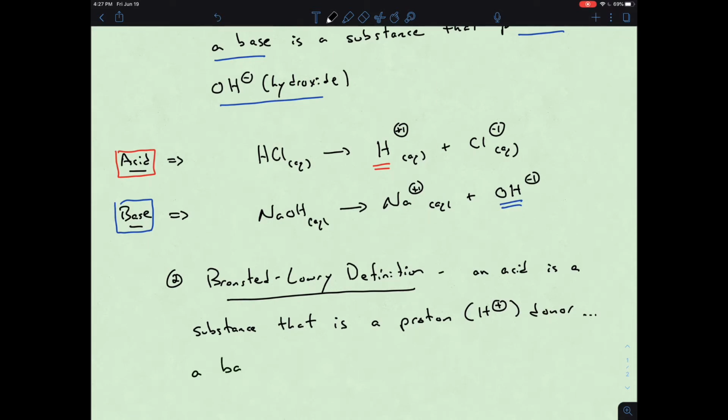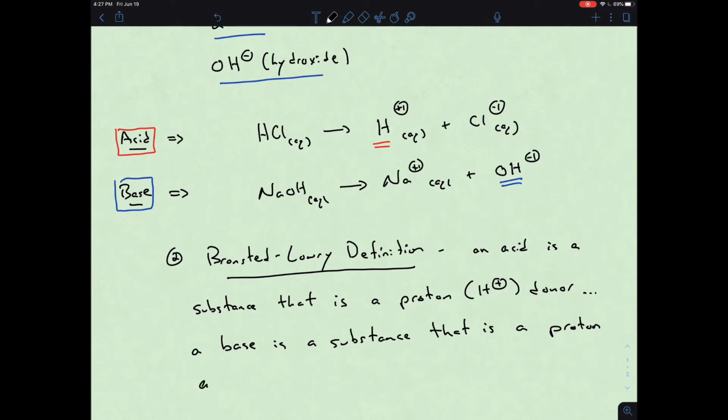A base is a substance that is a proton acceptor. So in this definition, we kind of start to see the opposite chemistry between acids and bases.